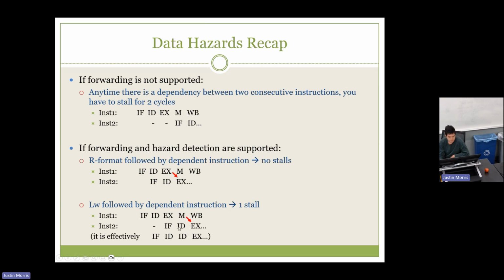So if we went into our execute stage when we normally would have gone, when load word is in its memory stage, we wouldn't have the data available to us. And we do this by stalling, and we stall by just redoing decode. And because we're redoing decode, the instruction behind us can't go into decode, so it redoes.